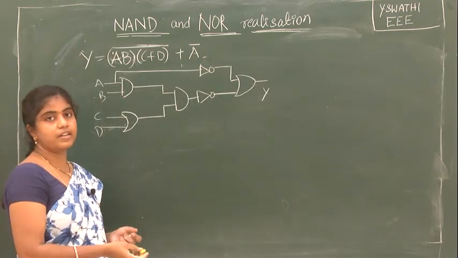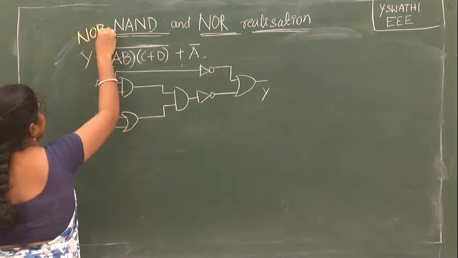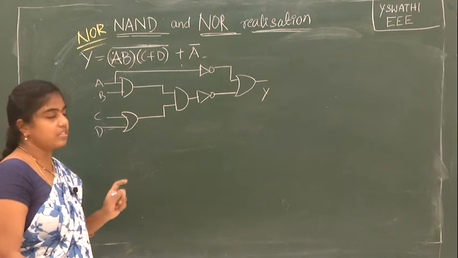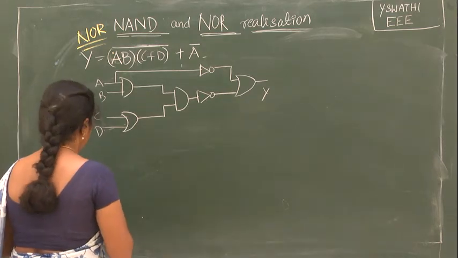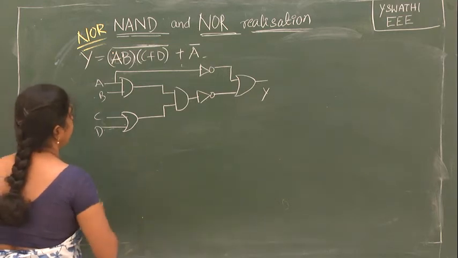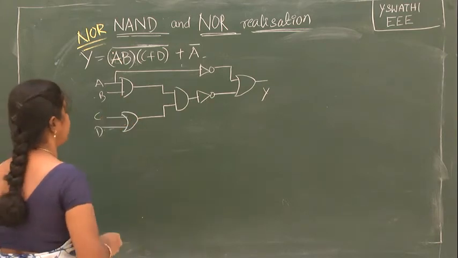Now we see the NOR gate realization of the same expression. The first step is to draw the AOA logic. So we have drawn the AOA logic. In the second step, we have to bubble the output of the OR gate and the input of the AND gates.